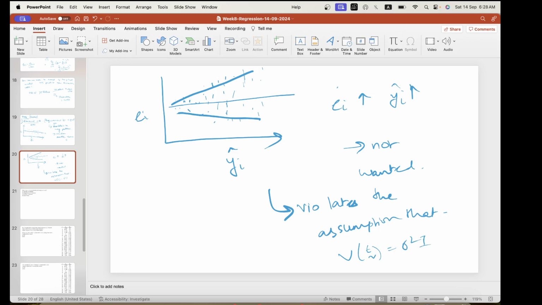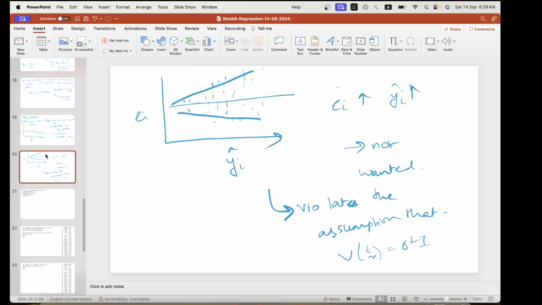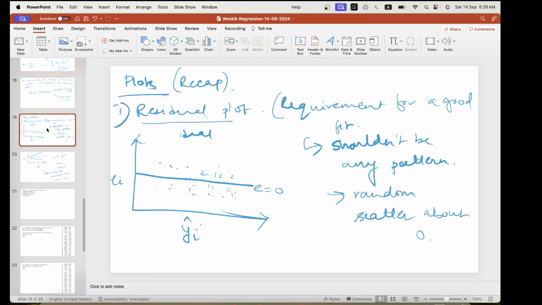It should be constant. Now this is the stage of the model fit where we have already taken care of influential points and leverage points, so we know that the fit in that sense is good. One of the penultimate steps is that we plot a residual plot, and we expect to see something like this.